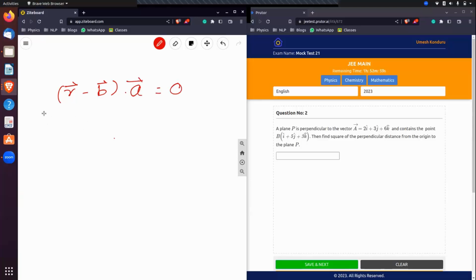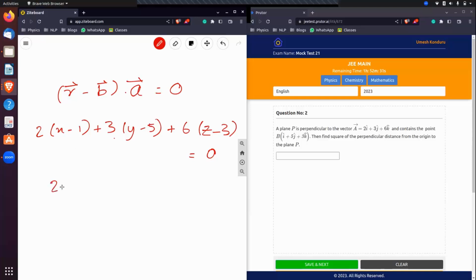It will be 2 times x minus 1 plus 3 times y minus 5 plus 6 times z minus 3 equal to 0. Then you can write it in the normal form.